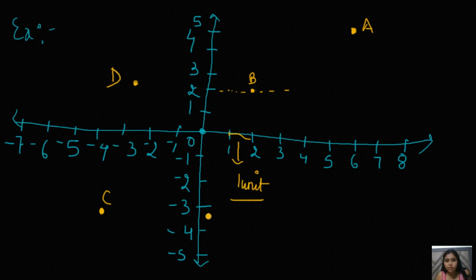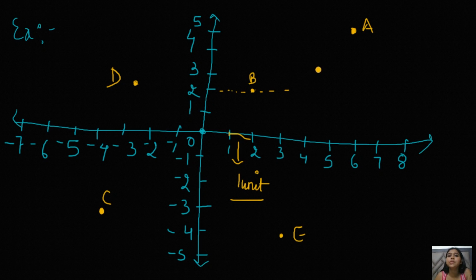This is some point we call E. So there are 5 points I have plotted. My question to you people is: tell me the abscissa and the ordinate of these 5 points.